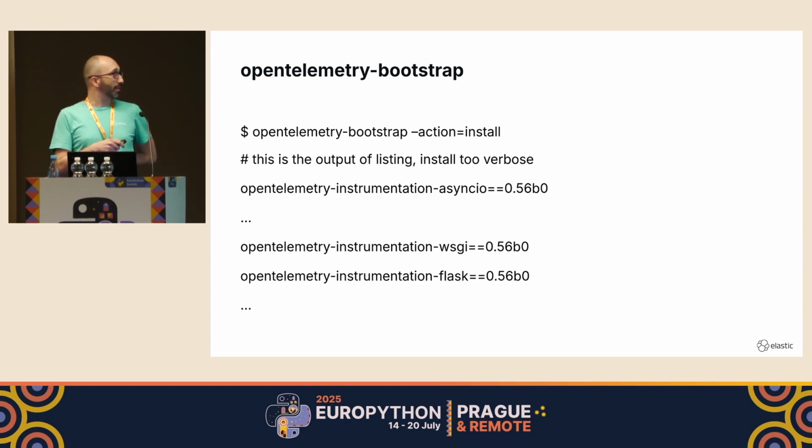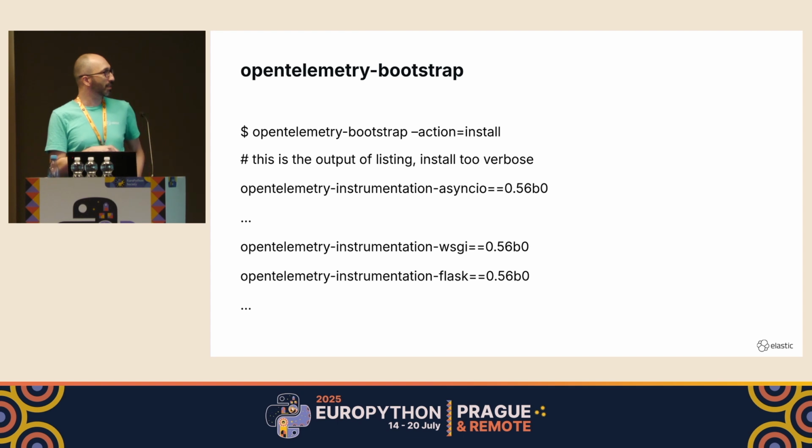Now, let's try this OpenTelemetry bootstrap tool against the virtual environment we created some slides before. Here I'm calling the action install parameter, which will try to install the instrumentation libraries it finds for our dependencies. But here the output is just for the listing command, because otherwise it would not fit inside the slide.